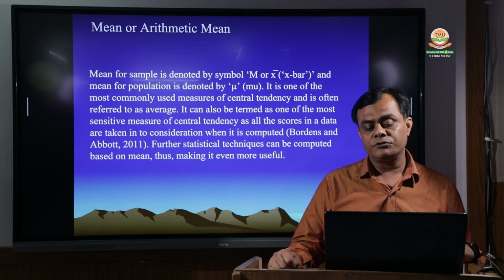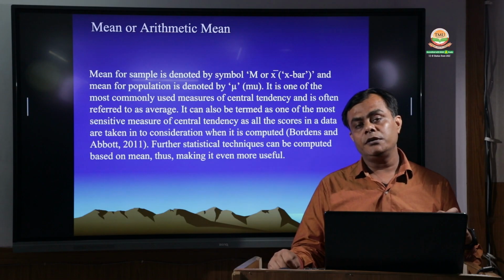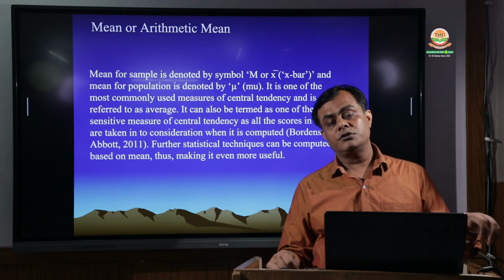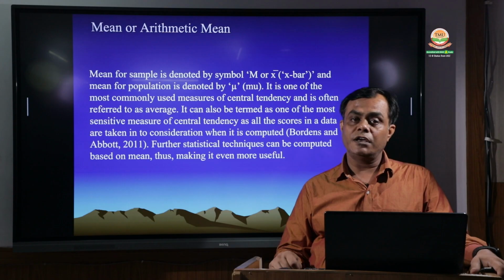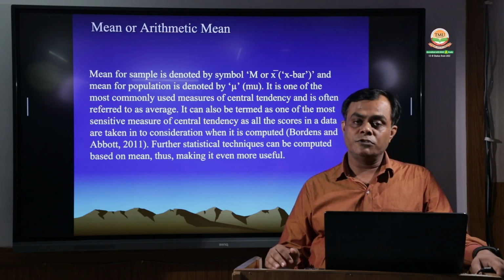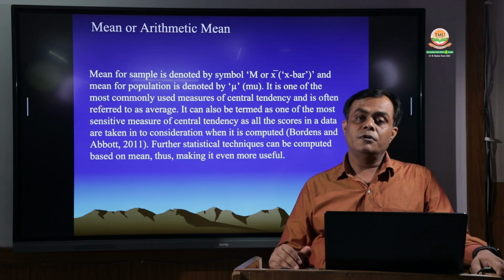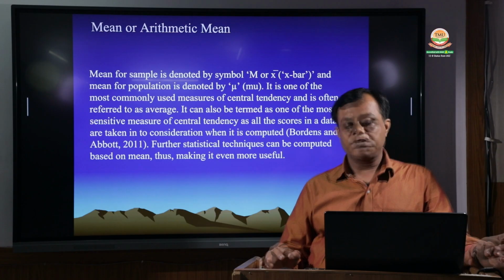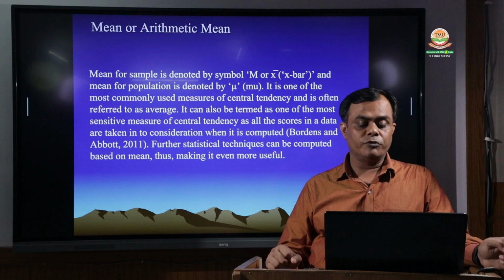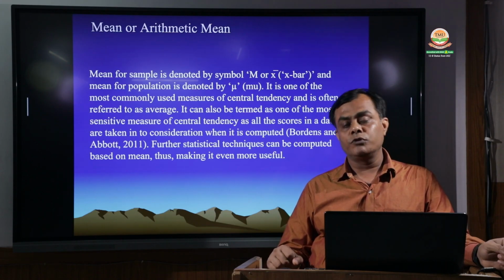So we can also say that the mean is one of the most sensitive measurements under the measurements of central tendency, and the importance, utility, and scope of the mean value is immense in statistics. Statistical techniques can be computed based on the mean, thus making the mean more useful.